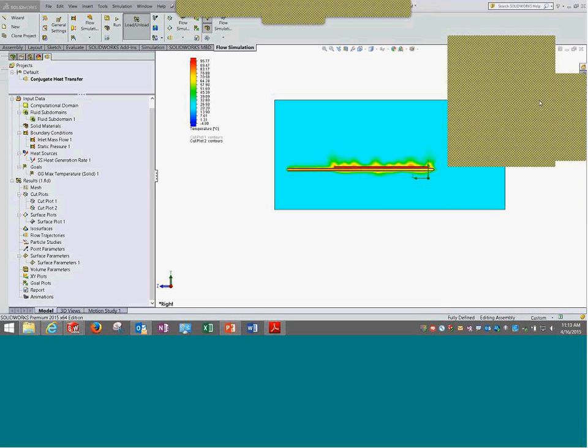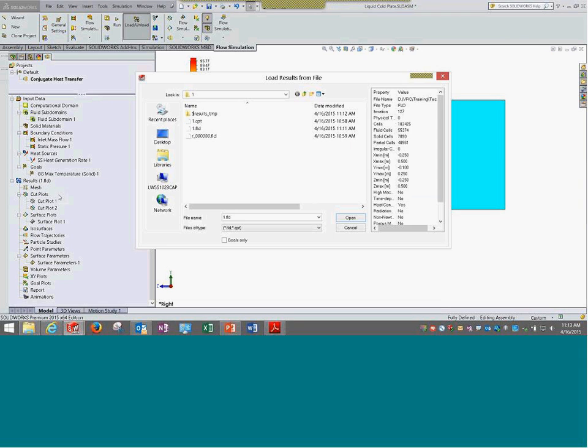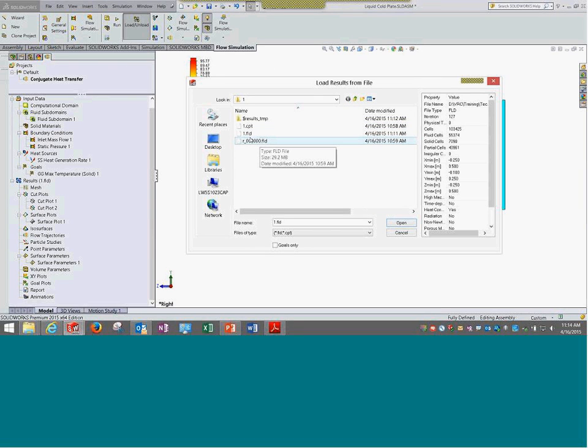By the way, I stopped the solution. Just to highlight something for those who are not aware: loading from a file, you'll observe that there will be different FLD files. One of them will be something like this, one FLD. It will also tell you what this is all about.